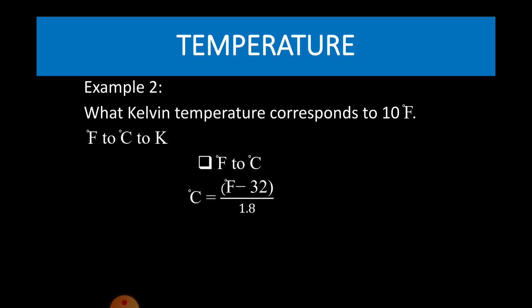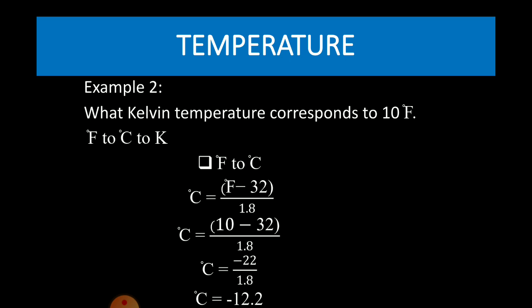So that is, degrees Celsius is equal to the quantity degrees Fahrenheit minus 32 divided by 1.8. So replace degrees Fahrenheit with 10. So that is the quantity 10 minus 32 divided by 1.8, which is equal to negative 22 divided by 1.8. So 10 degrees Fahrenheit is the same with negative 12.2 degrees Celsius.